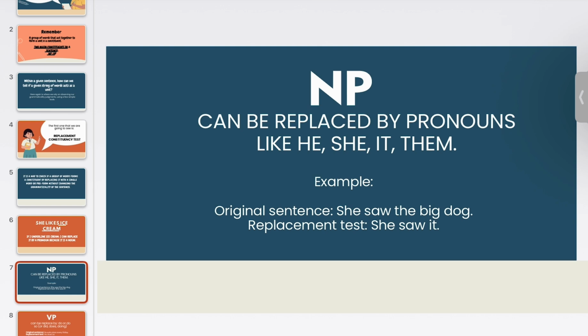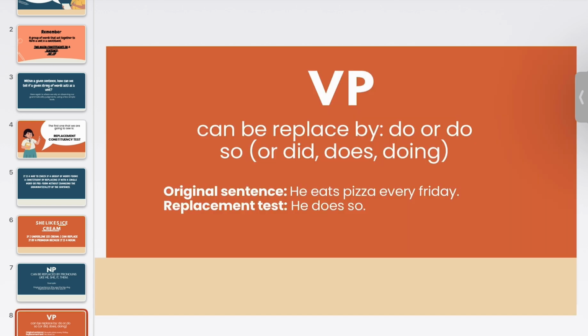If we make the replacement test, it is going to be: She saw it. I'm going to try to be brief, because probably you have things to do for other subjects. In the classroom, we're going to see this in detail. I'm going to bring different exercises for you to practice, and also for group discussions.